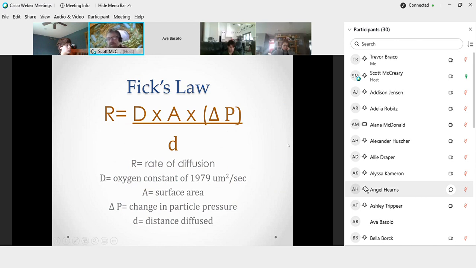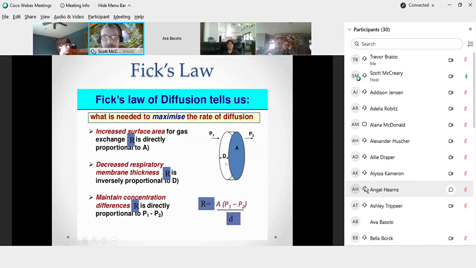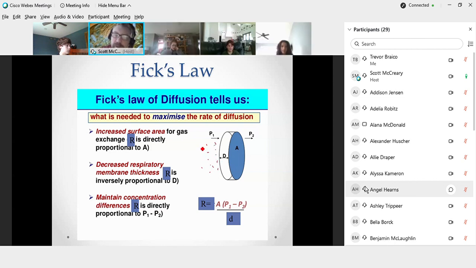So we talked about this equation, right? We talked about how surface area, the distance diffused, and the particle pressure are all really important. So when I have particle pressure, if I have tons of molecules over here, this is what they mean by particle pressure. Let's say I had 80 and I had 4 over here.